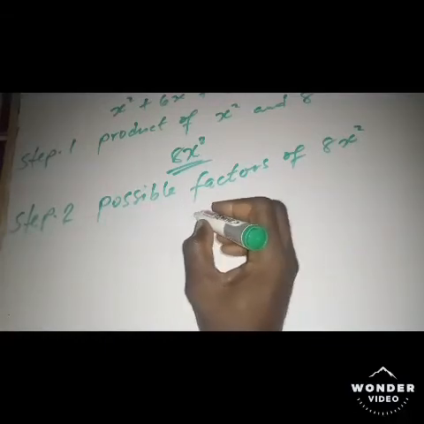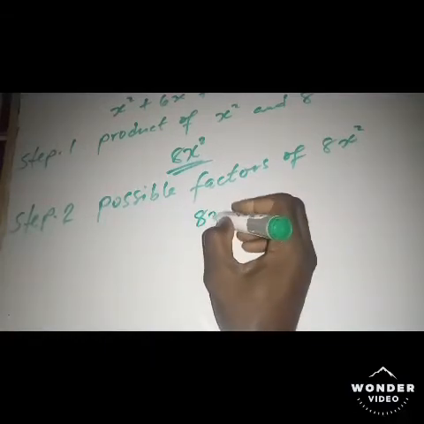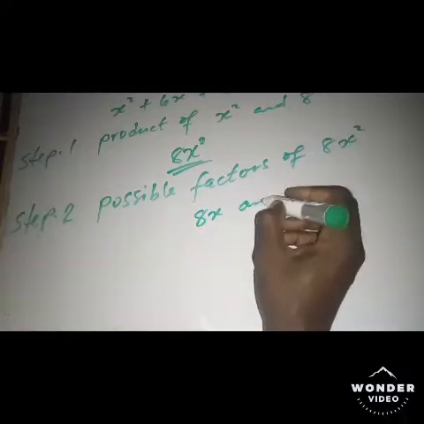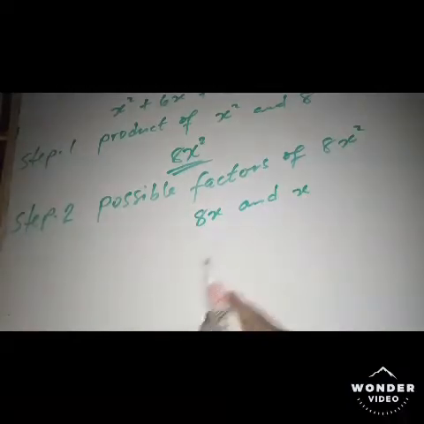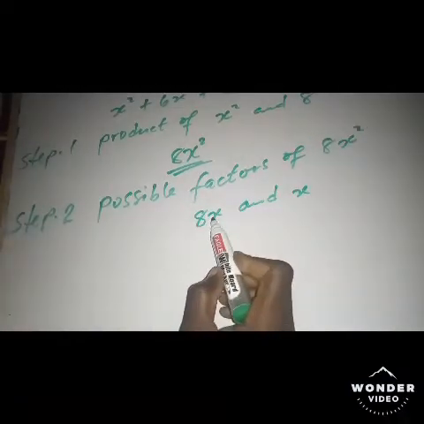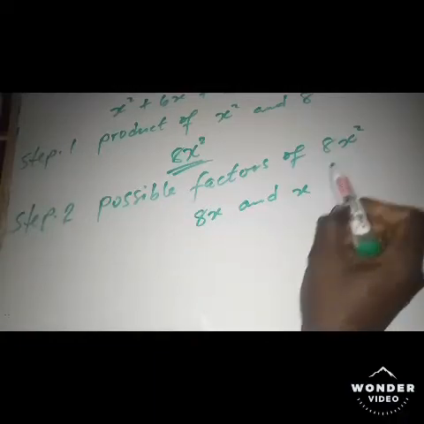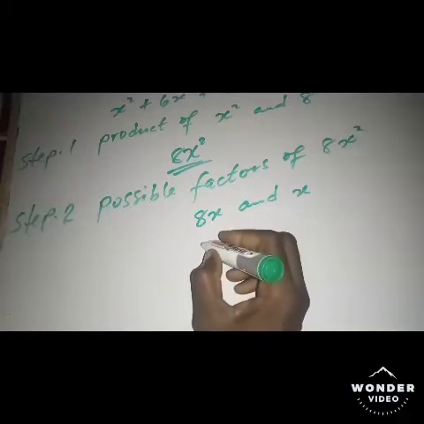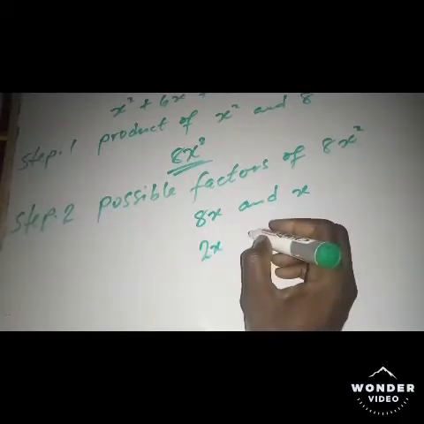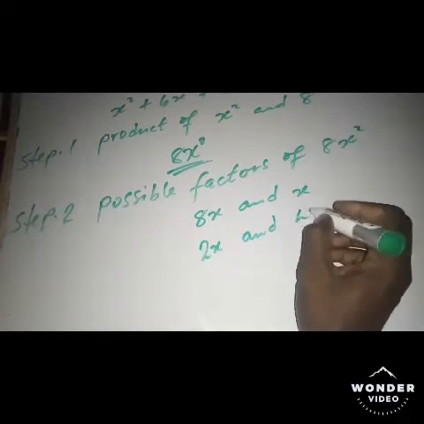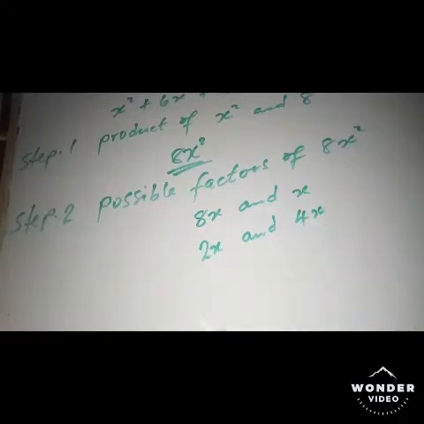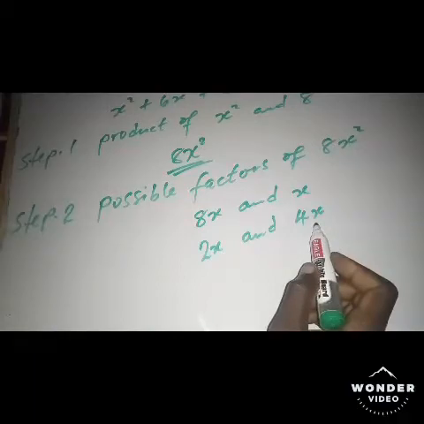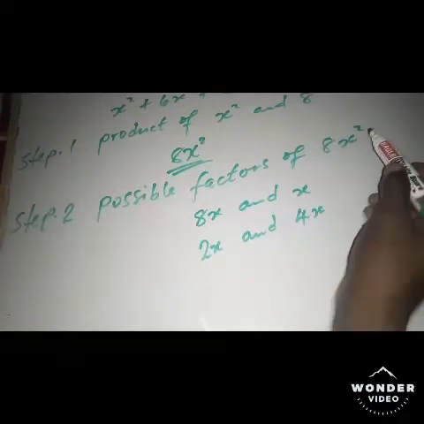The first possible combination is 8x and x. When you multiply 8x and x, you get 8x squared. The second combination is 2x and 4x. 2x times 4x gives 8x squared.